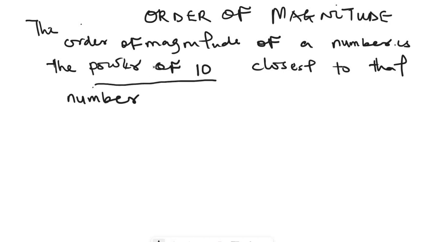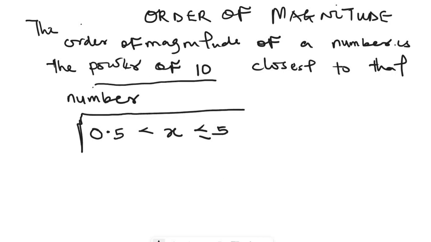To get the order of magnitude accurately, I designed something like an approximation: 0.5 < x ≤ 5. Now, look at this small analysis.